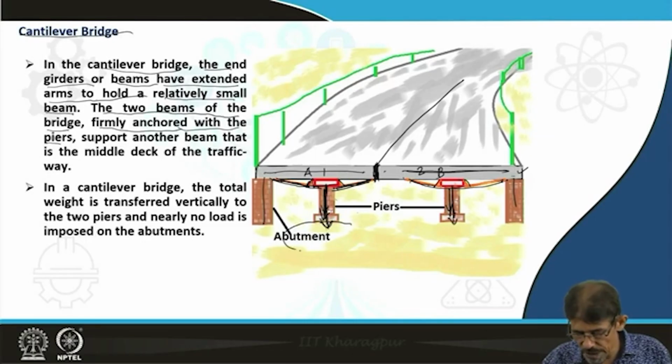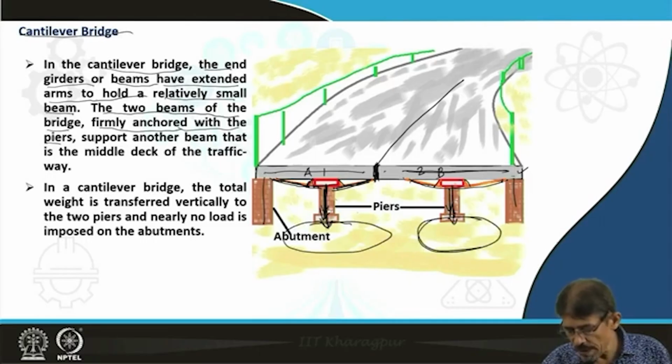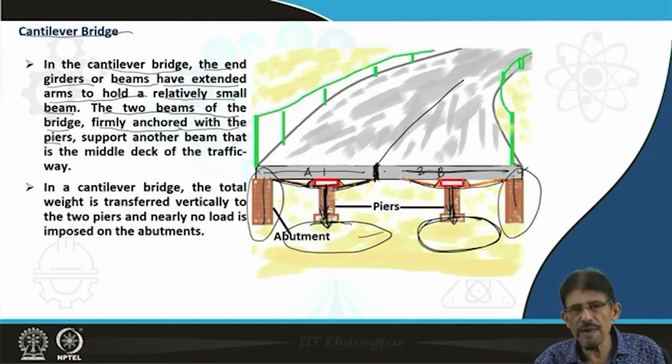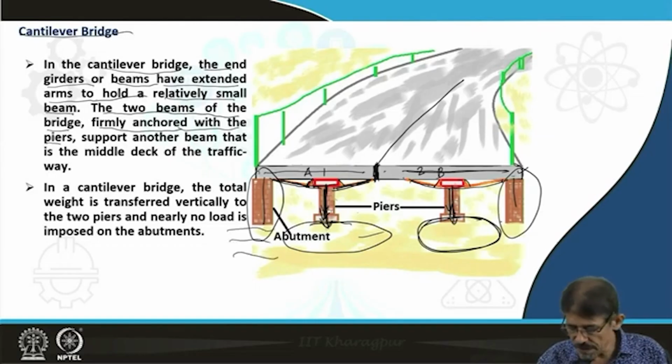Therefore, the strata nearby these piers should be sufficiently strong and of excellent quality, because the abutment does not require any specific type of strata.